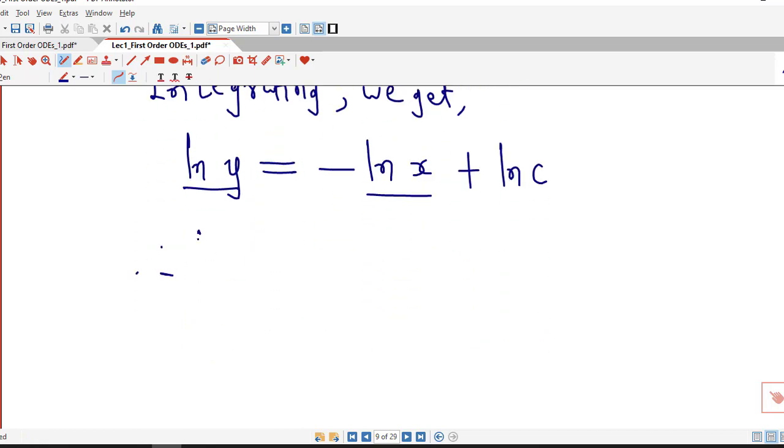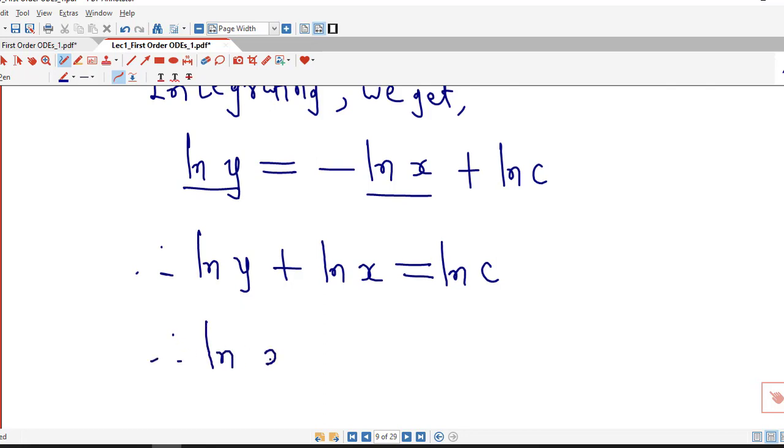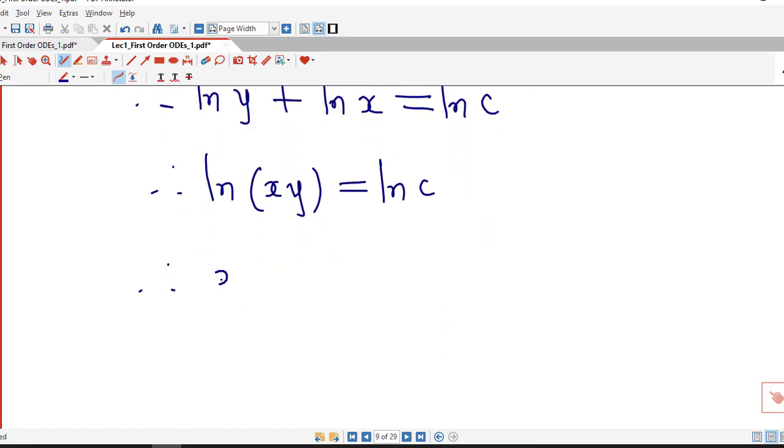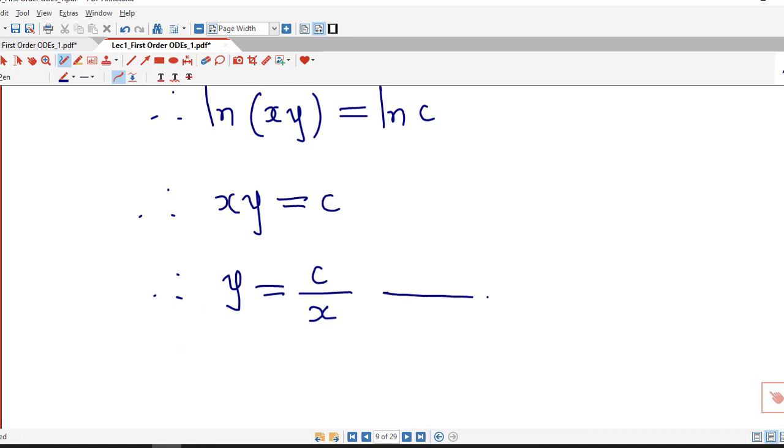So this we can rewrite as ln y plus ln x equal to ln c, and using the property of logarithm, I can write ln y plus ln x equal to ln of x into y equal to ln c. And as we know, logarithmic function is one-to-one function, so therefore we can write x into y equal to c, or this we can write as y equal to c by x. So this is general solution. We give this number 1, where c is arbitrary constant.